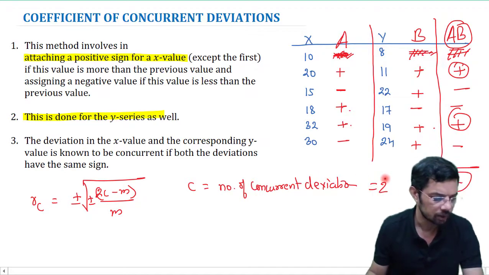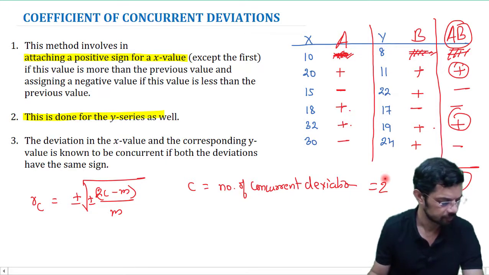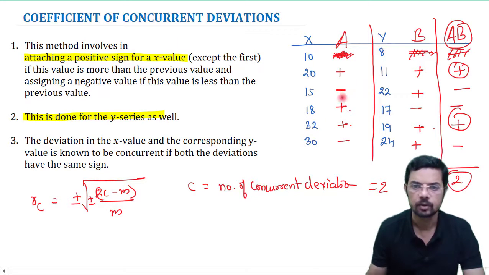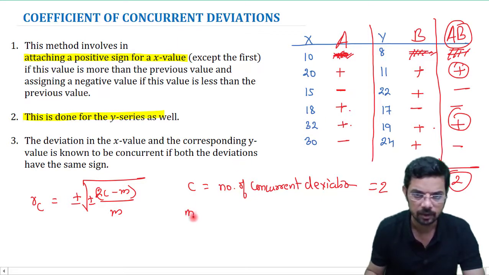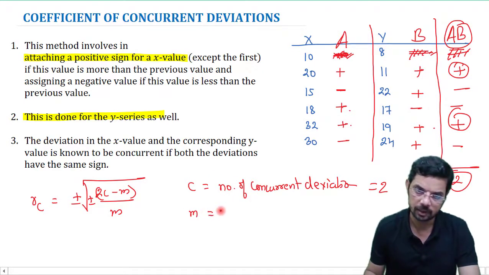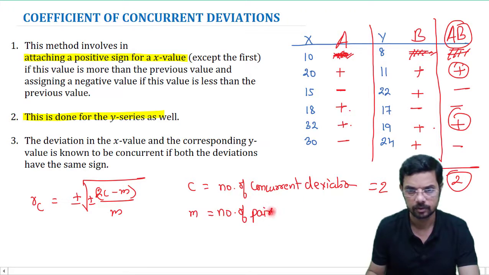Now what is M? M is the number of pairs of deviation.